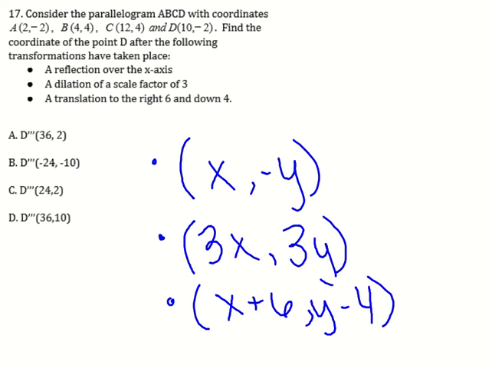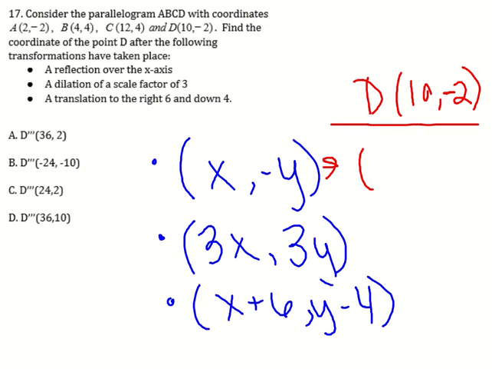So I'm going to take point D through each one of those transformations. D was at (10, -2). And I'm going to take each point and change it. So the first time it's going to become 10 and the opposite of y, which is positive 2. Then I'm going to take that and put it into the next one.